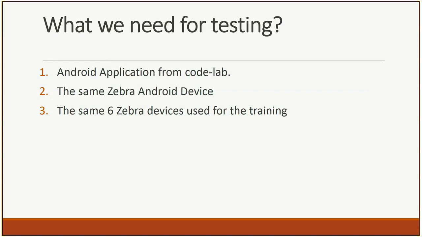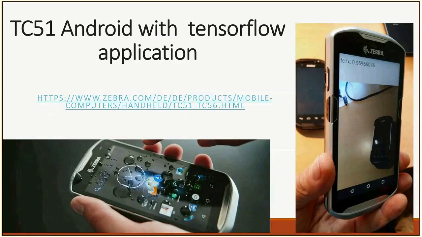As an output, we should then display a classification probability. We will also need the same Zebra Android device, like the TC51, to run this TensorFlow application, and of course these 6 Zebra devices which were used before for recognition to test it.